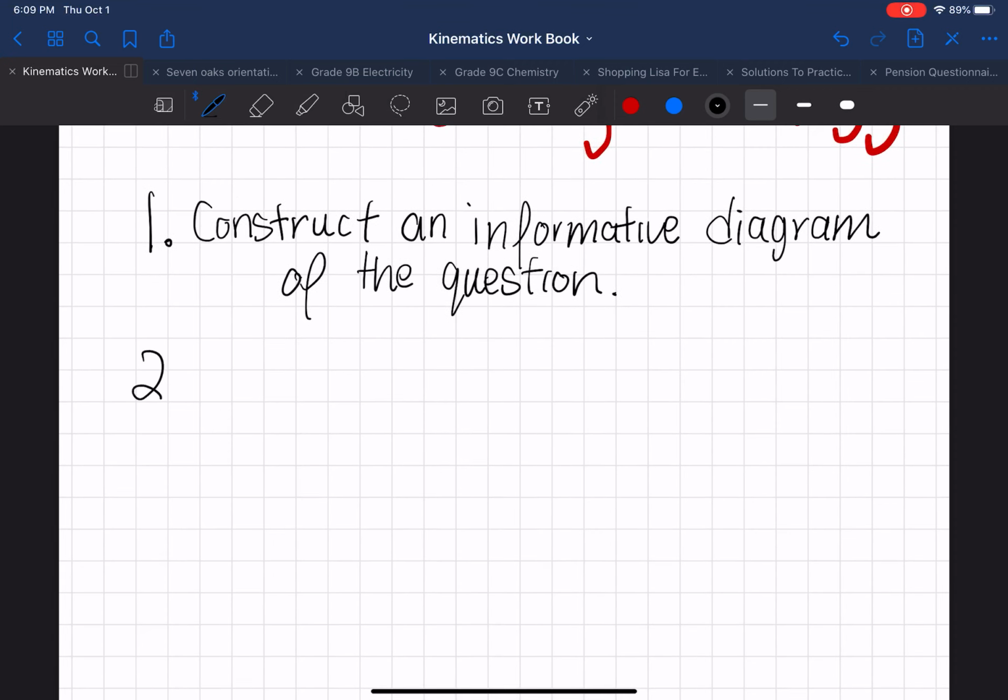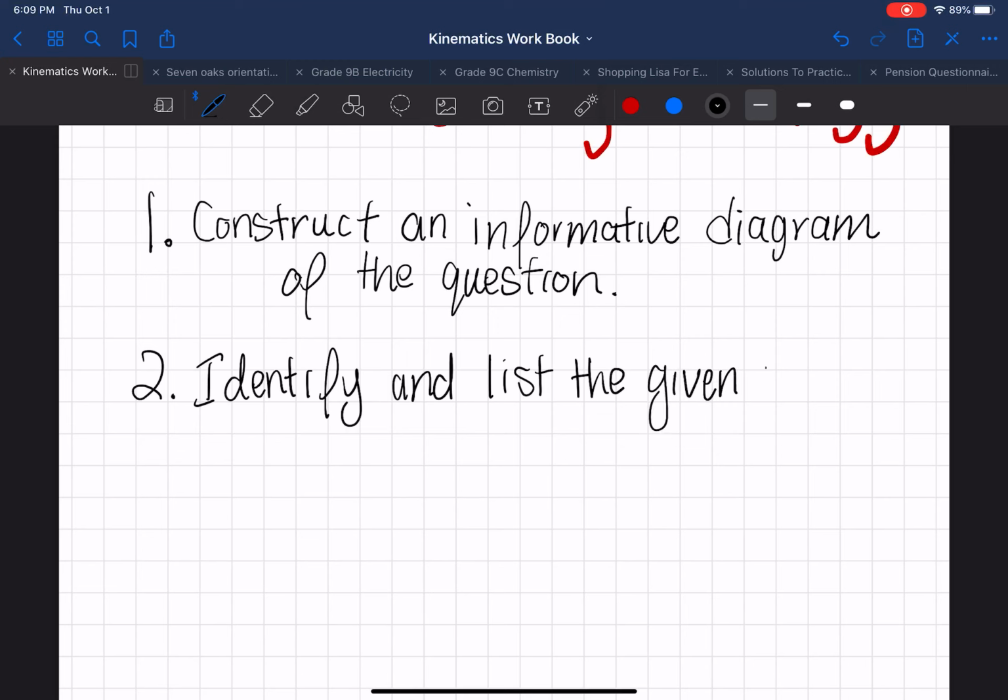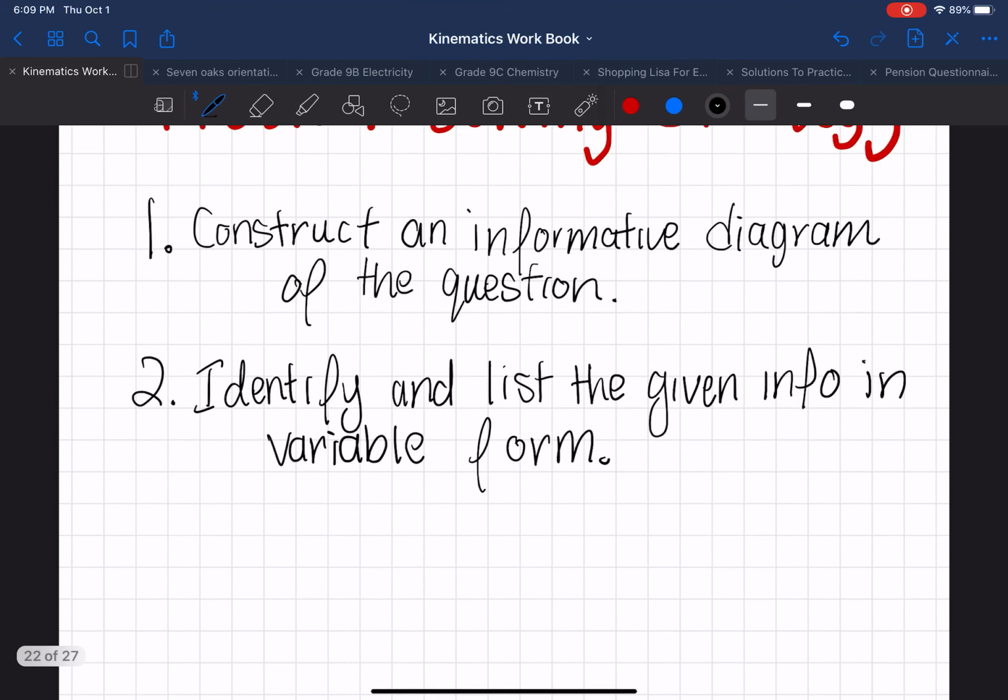Number 2, identify and list the given info in variable form. I already said this several times during the examples. What you want to do is identify it from the question.